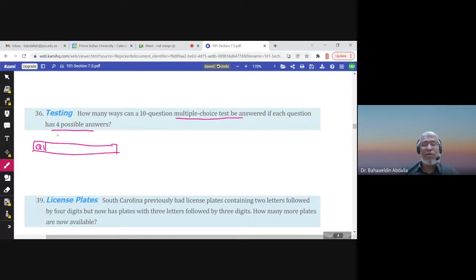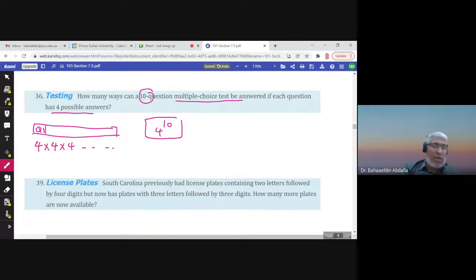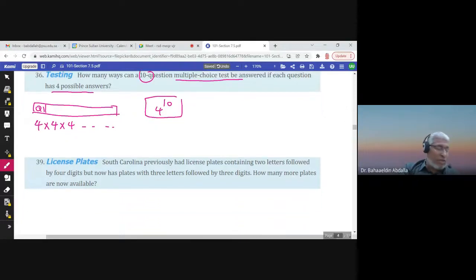How many possibilities do you have? 4. You can choose any of them. Go to the second question. How many possibilities? The third question, how many possibilities? How many questions are there? 10. So 4 to the power 10 would be the number of ways we can answer this set of questions.